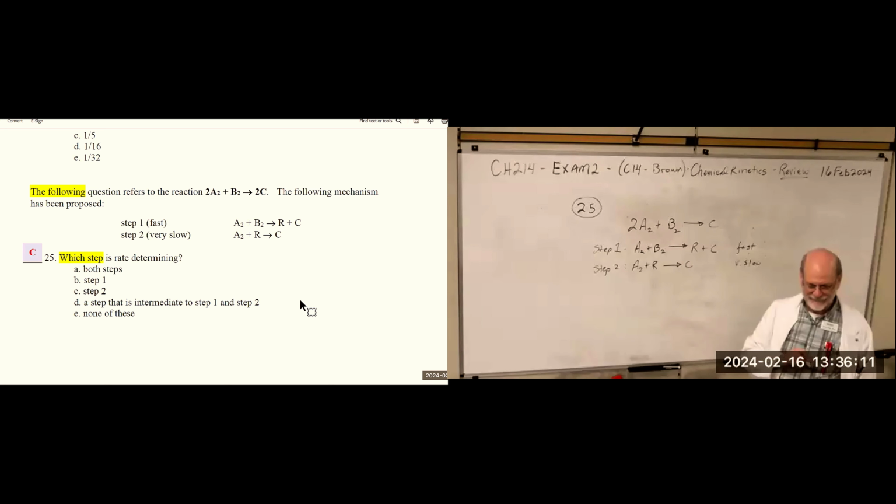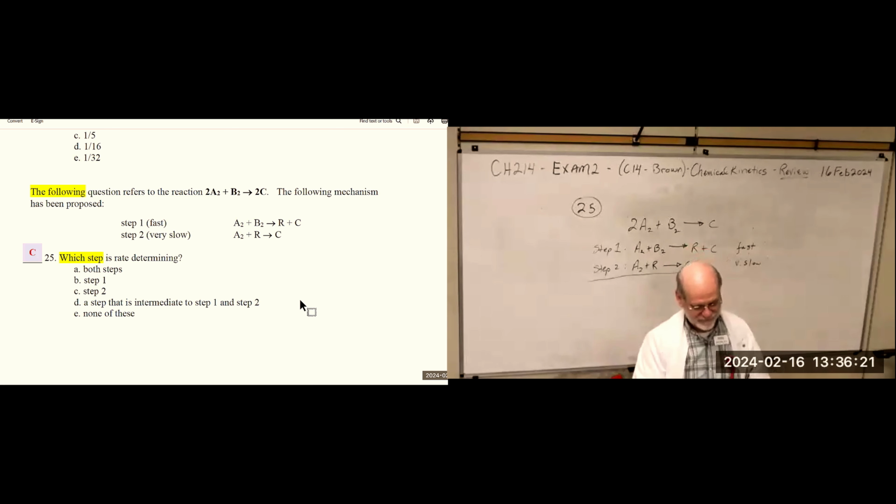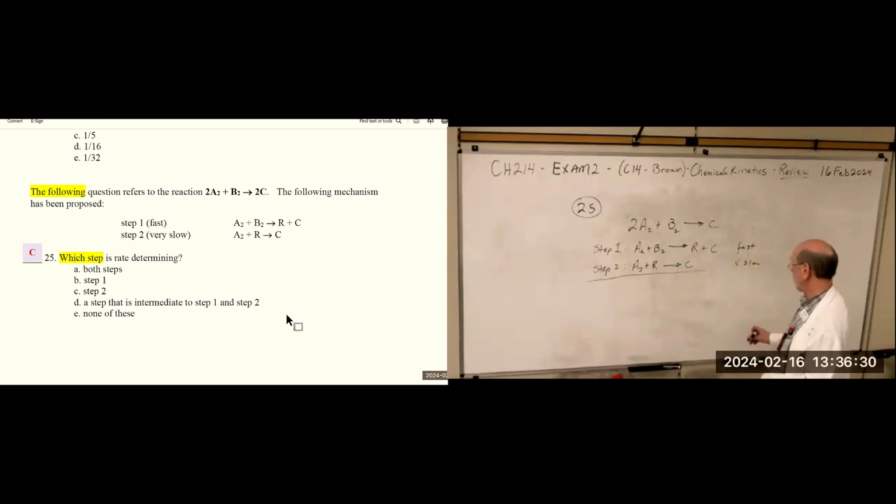Okay, I wrote all that up there. The question is, which step is the rate determining step? It's the second one. It's the slow one. I thought we were going to have to derive a rate law from that, which we could. We could write a rate law for this one. That's where you would start, with the very slow one.